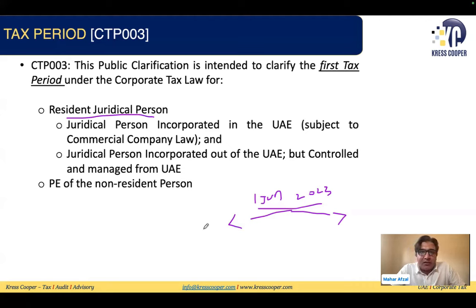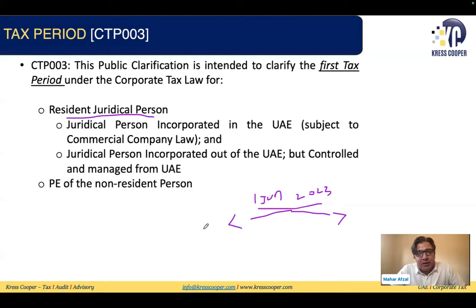So what the law says is that it is effective from the financial year starting on or after 1st of June 2023. I'm repeating.